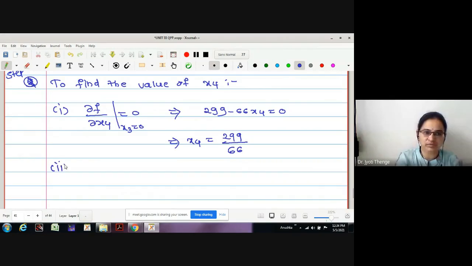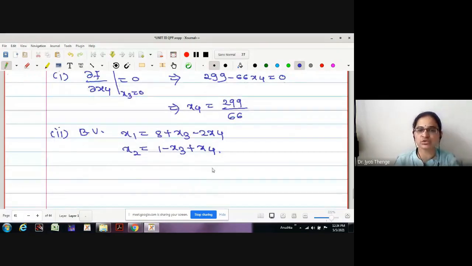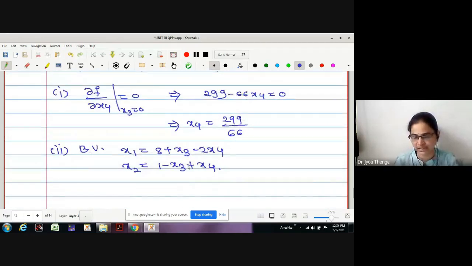What is the second one? You have to find the value of x4 without making the present basic variable negative. Let me write the basic variables. What is the value of x1 we have? 8 plus x3 minus 2x4. The value of x2 is 1 minus x3 plus x4. Okay, look at both basic variables and tell me, by putting x3 0, what is the value of x4 from the first basic variable without making x1 negative?